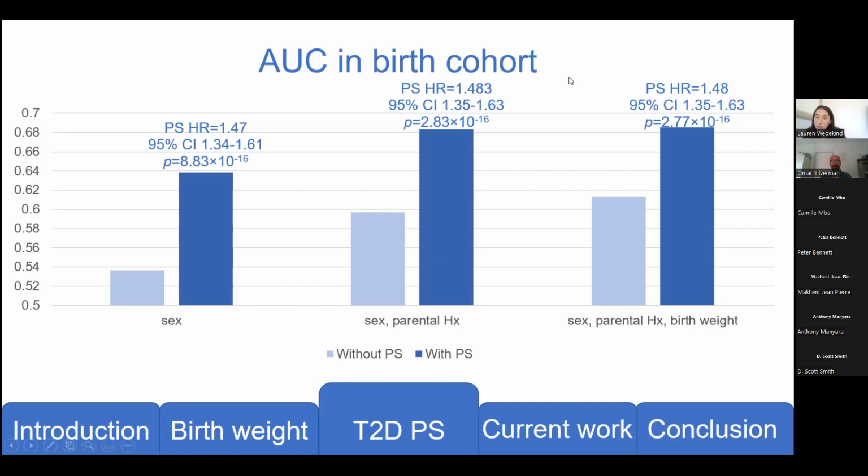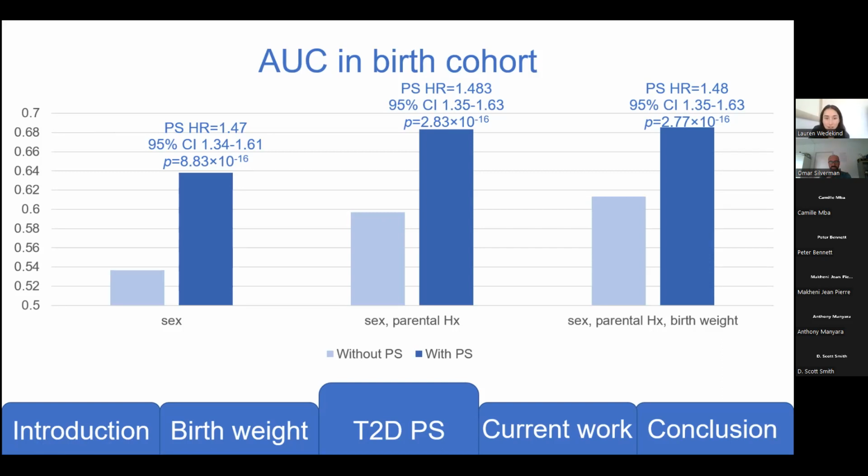But then when you add birth weight to that model of sex and parental history, that base model performs a little bit better yet. And then you still have a substantial improvement when you add the polygenic score on top of that. So this is connecting this theme of looking at the relationship between birth weight and type 2 diabetes.